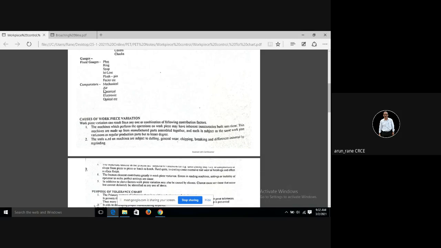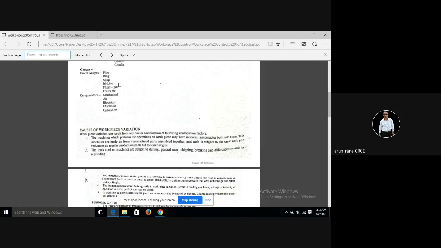Comparators means we will compare. Remember, a comparator will not give you the actual size, but it will give you the variation with respect to the reference size.